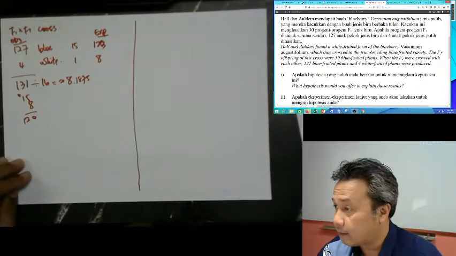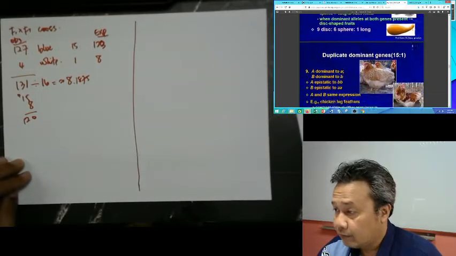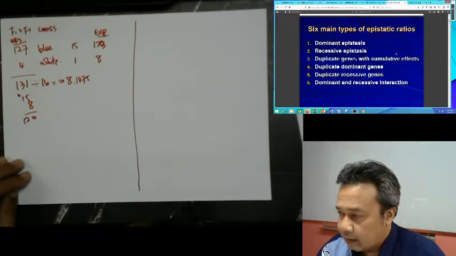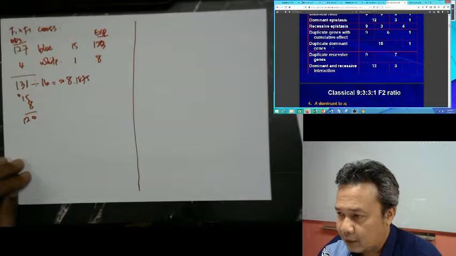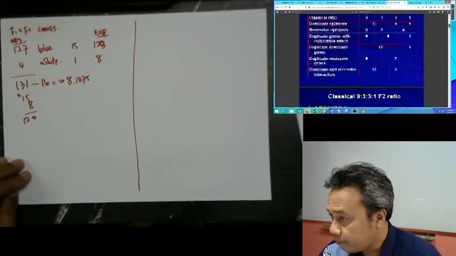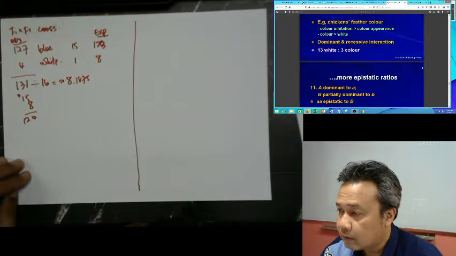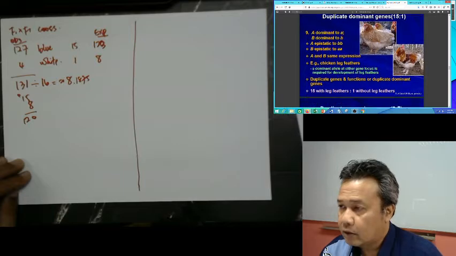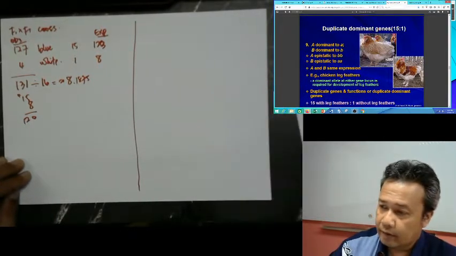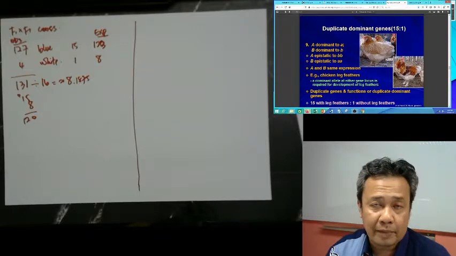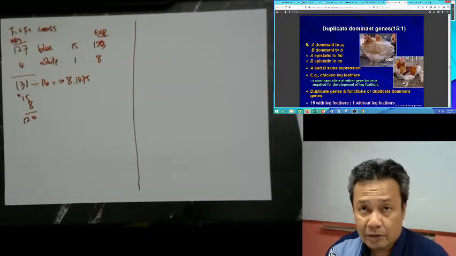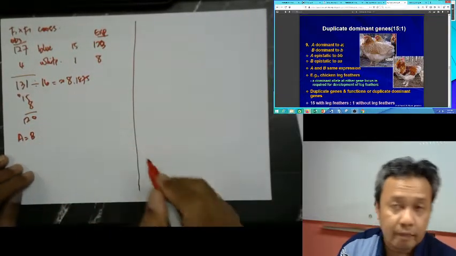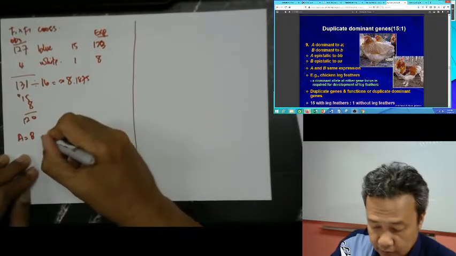15:1. Let's look at the slides. There you go. So duplicate dominant genes, 15:1. Here A and B have the same expression. That means either you have big A or you have big B, you'll get the same expression.